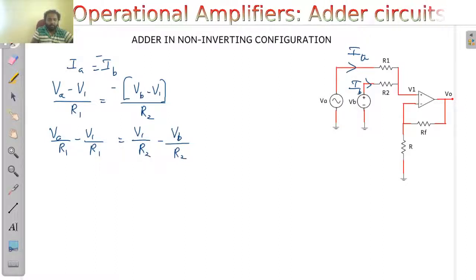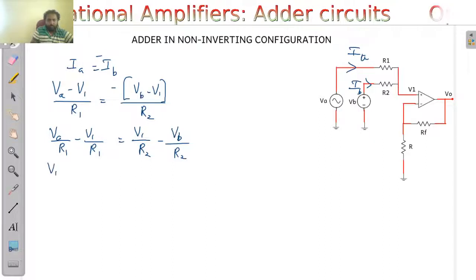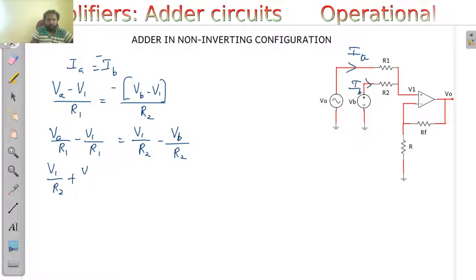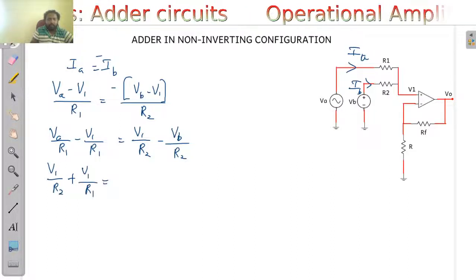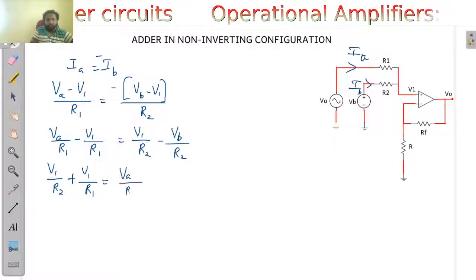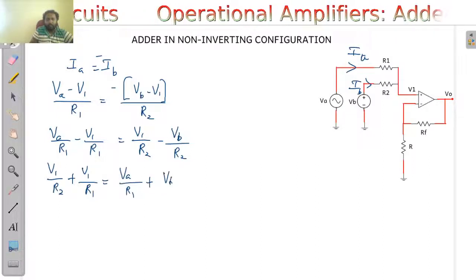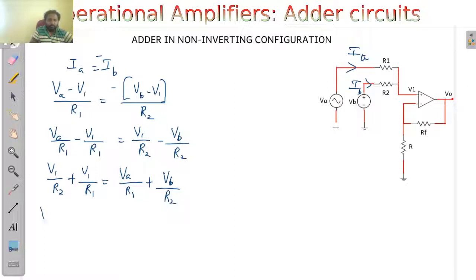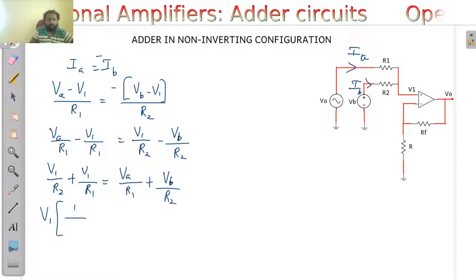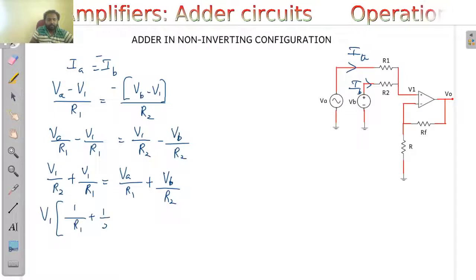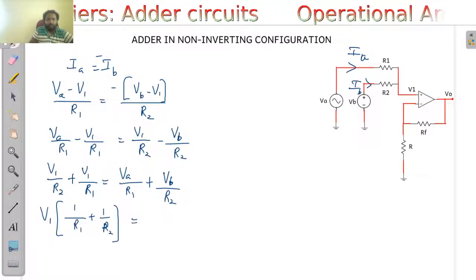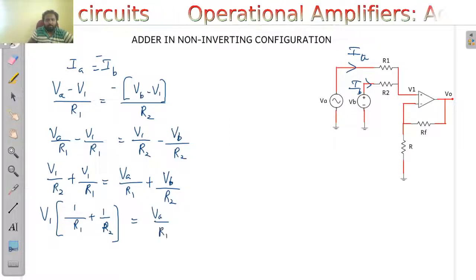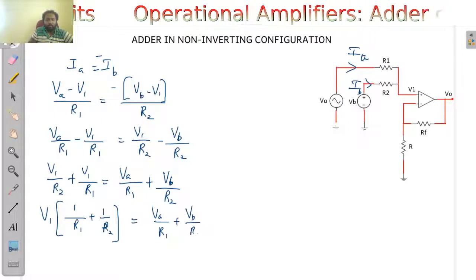It looks like V1 times (1/R1 plus 1/R2), and the other side will be looking like VA by R1 plus VB by R2. I can take out the common factors. So this will be V1 times (1 by R1 plus 1 by R2), and this one will be VA by R1 plus VB by R2.